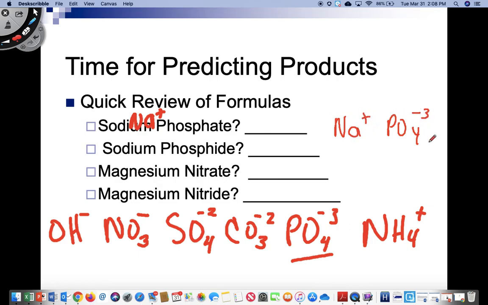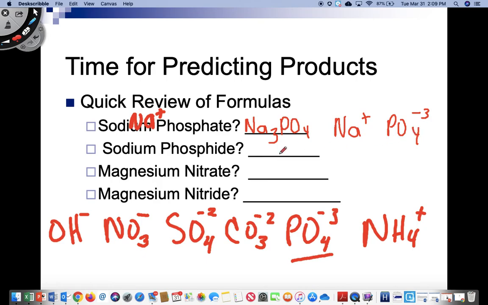The charges crisscross, right? So do you remember how to write that formula? Na3, you bring down this charge down here, and then PO4, you leave it as is because this is a +1. It technically comes down here, right? But you don't include it because it's a value of 1.